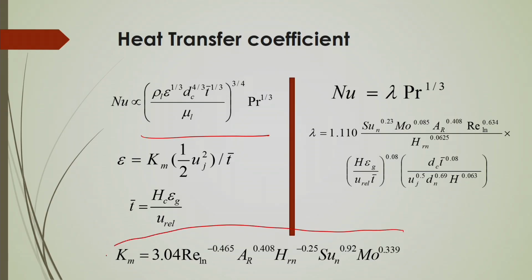That intensity of mixing, that is the mixing coefficient, is calculated based on this equation. And once you know the mixing coefficient, you can calculate the energy dissipation in that downflow system by the liquid jet. And once you know the energy dissipation, you can easily calculate the Nusselt number, that is the heat transfer coefficient, based on this equation here.